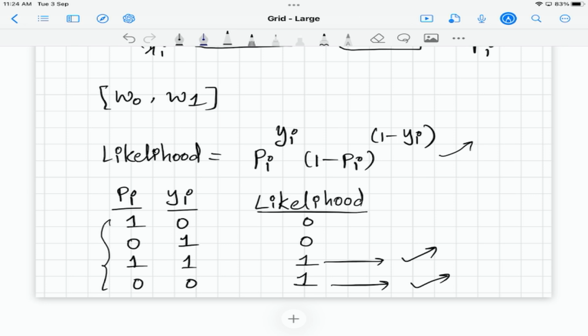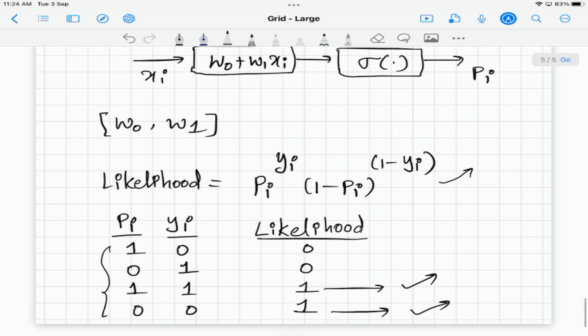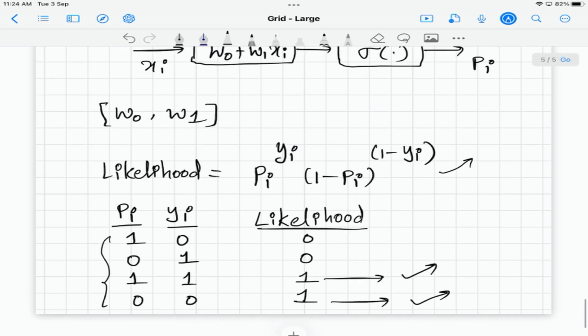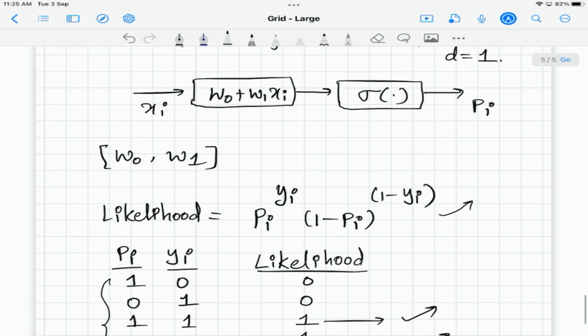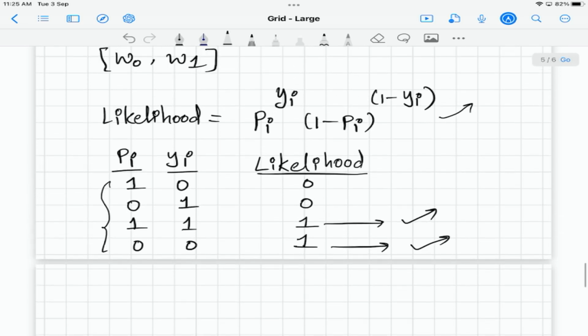Where? In the third case, 1 minus 1 is 0. 0 power 0 is what? Not defined. See, 0 power 0 we will assume to be 1 here.